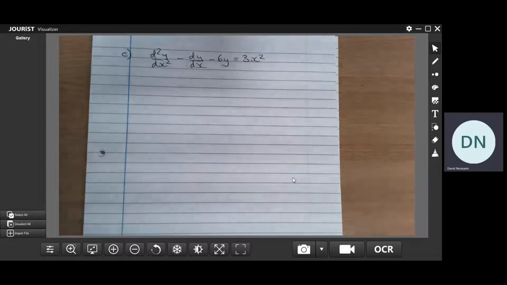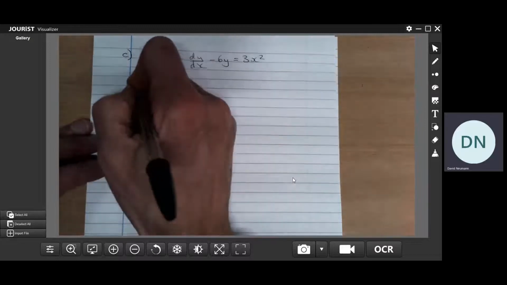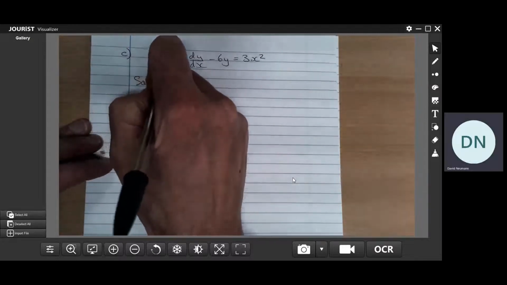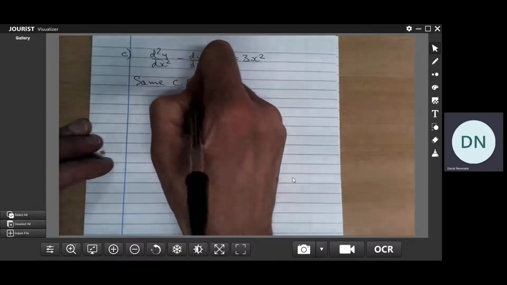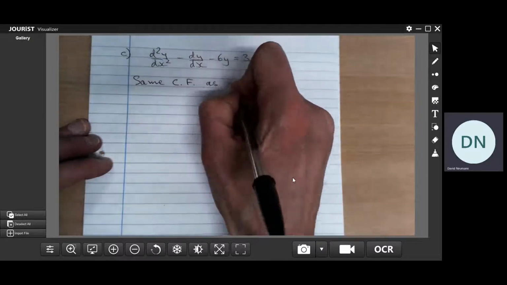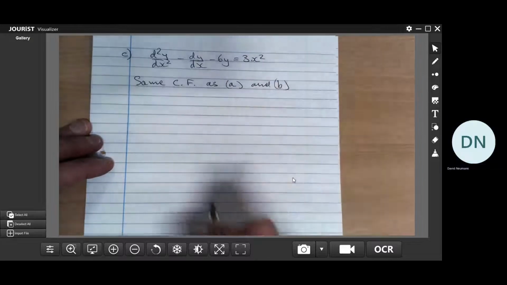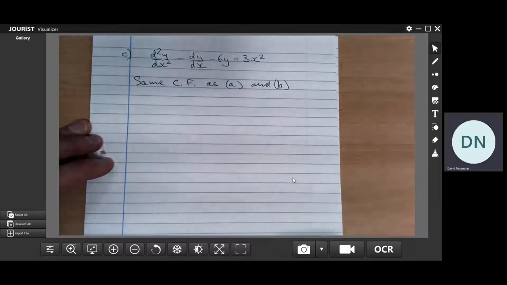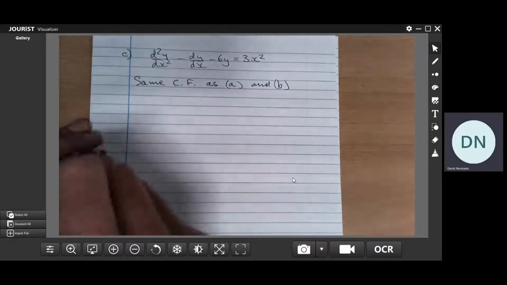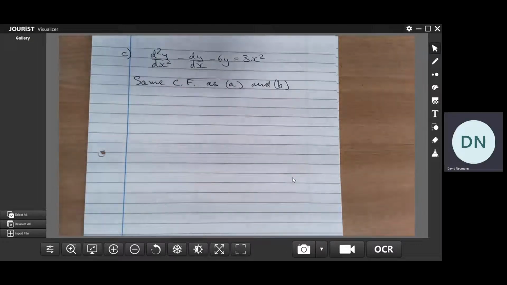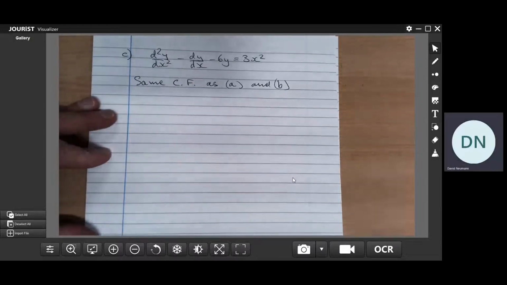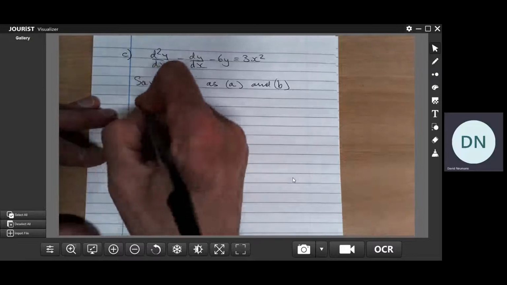Again, we've got the same complementary function as A and B. I'm not going to write that out again. So this time we are going to make our particular integral a quadratic.